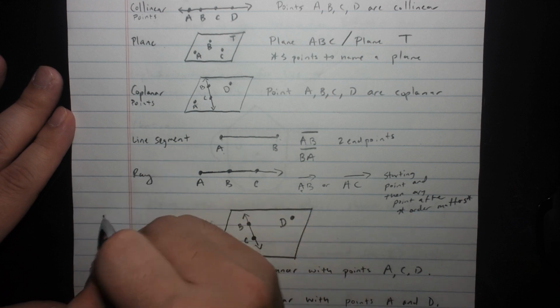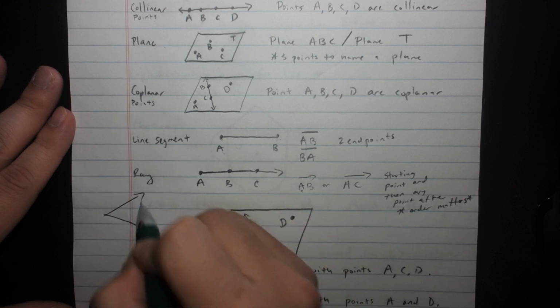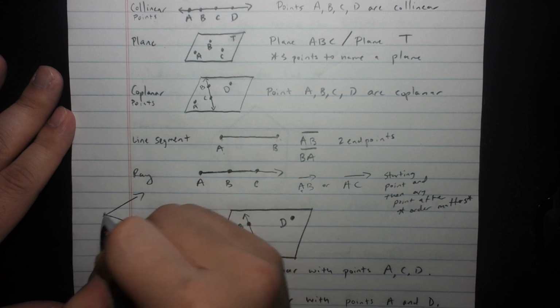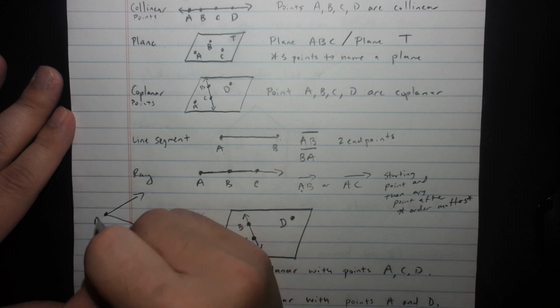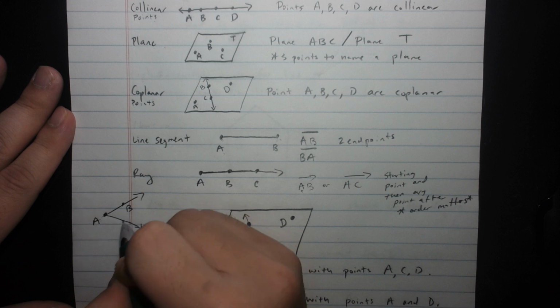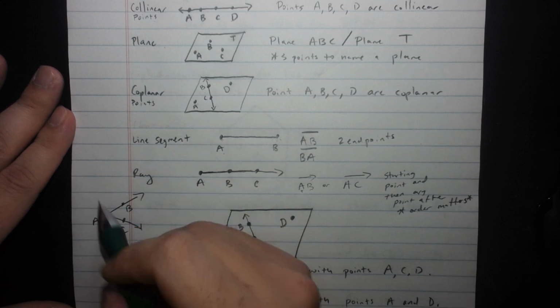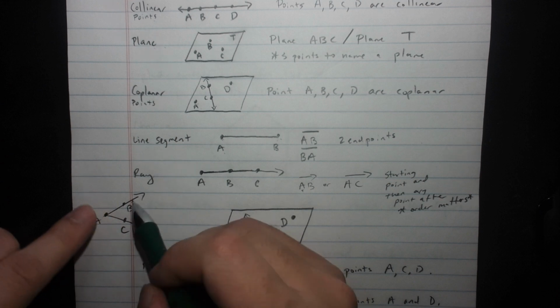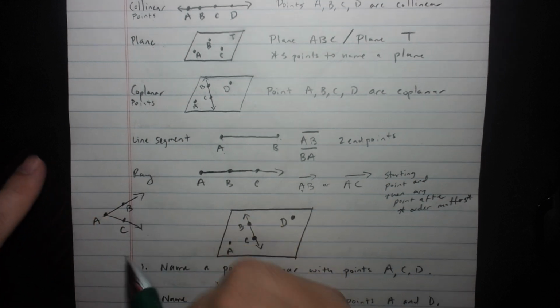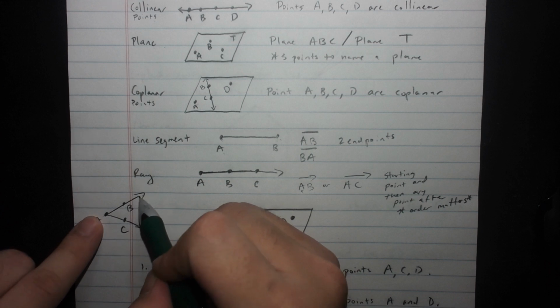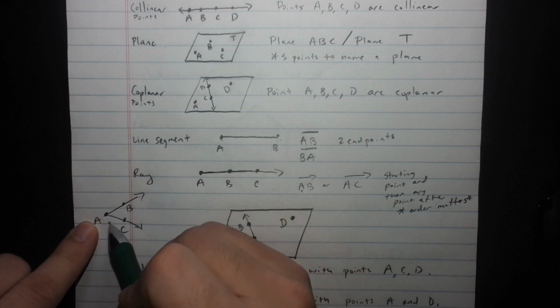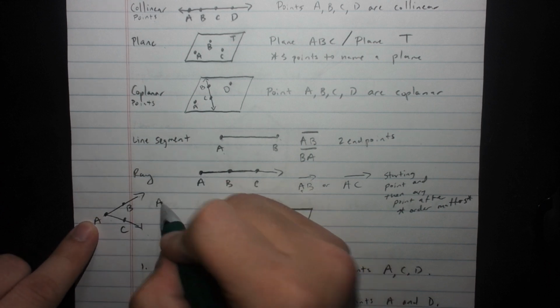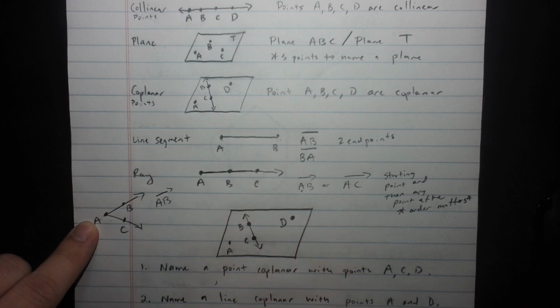Okay, also, let's go ahead and throw this out here. Let's say I give you an angle. So we'll call this A, this will be B, and this is C. So you see that we have two rays. So we have a ray here and a ray here, and these two rays form an angle. So how do I name this ray? What's the starting point? It's A, so I'm going to put A first, and then B right after. So it's ray AB, not ray BA.